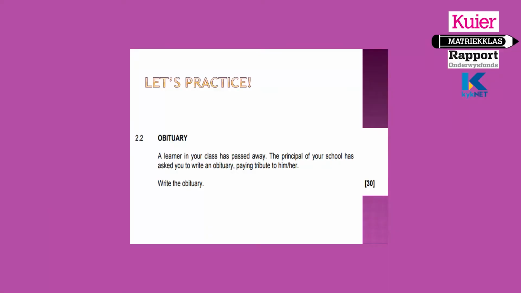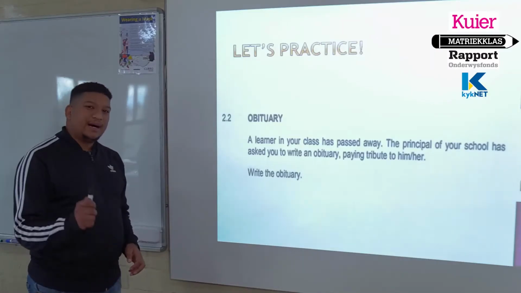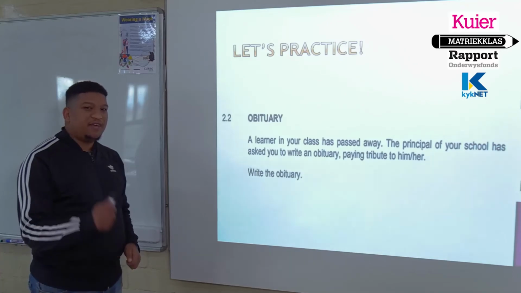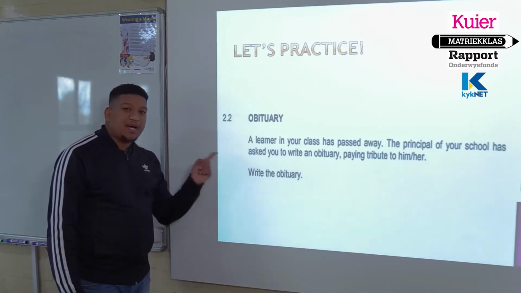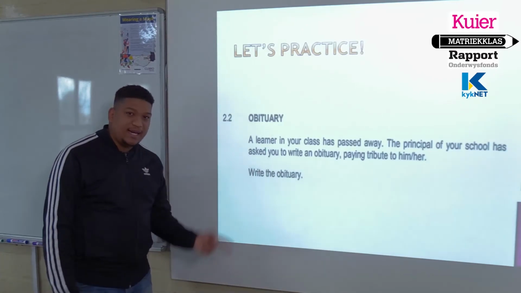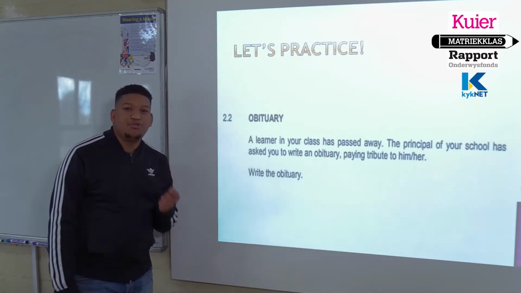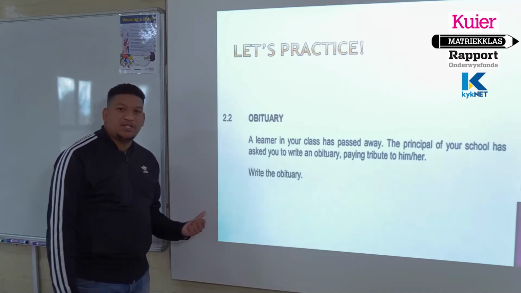A learner in your class has passed away. The principal of your school has asked you to write an obituary paying tribute to him or her. Now, grade 12. Very important. Don't think this is now a speech. Now you understand why I said at the beginning, please do not think that this is a eulogy.